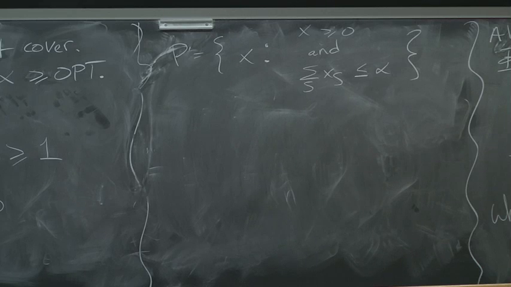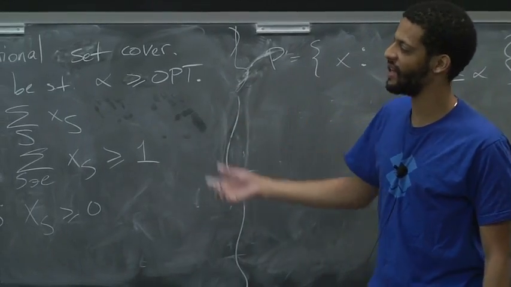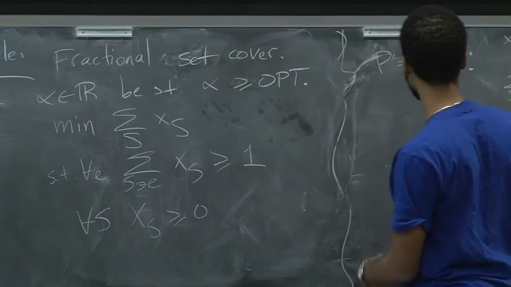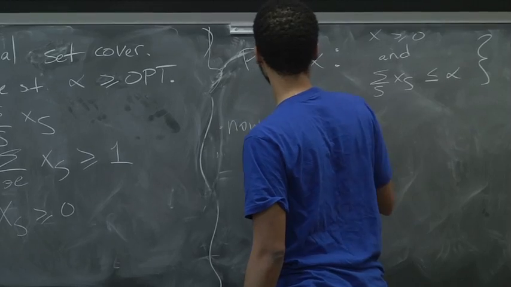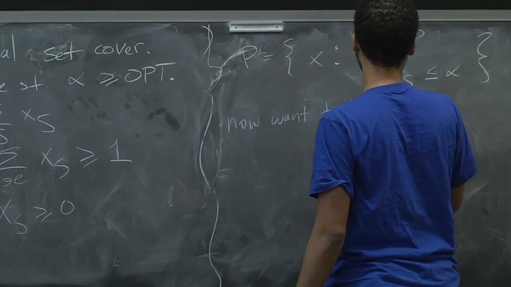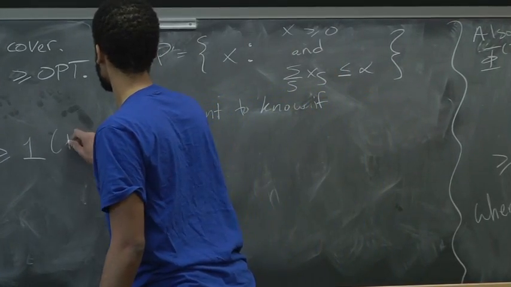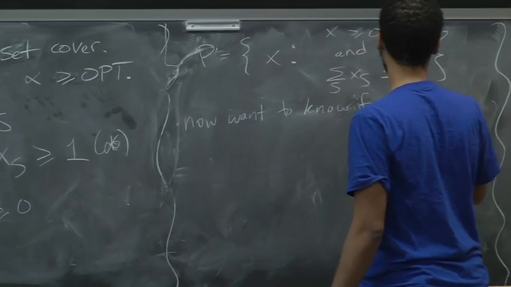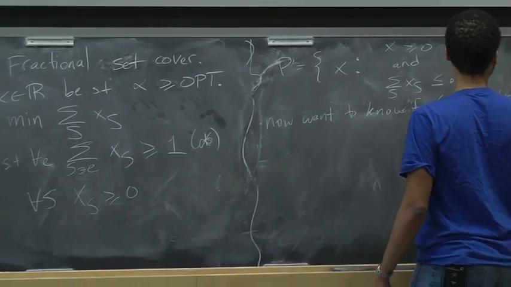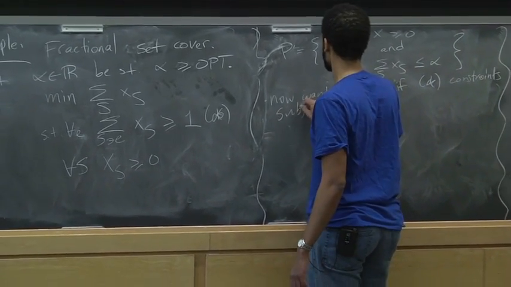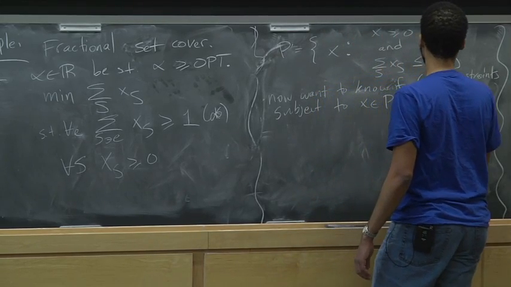But you don't actually know opt, right? So, what would you do? Suppose that you had a way of deciding now the feasibility question. Now you want to figure out if, let's say, the star constraints subject to x being in P is feasible.